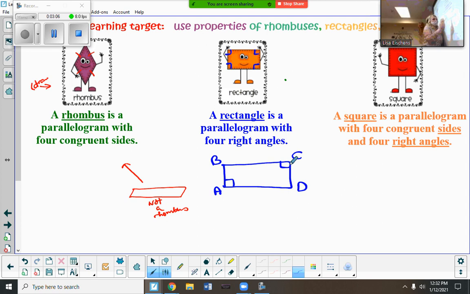So you know that angle C would be a right angle too. You also know, because it's a parallelogram, that angle A and B add up to 180. So if this is 90, this would be 90. And angle A and D add up to 180. So that would be 90. So if you're given a shape and you're told it's a parallelogram and you are given just one corner, then you know that all the corners are 90.